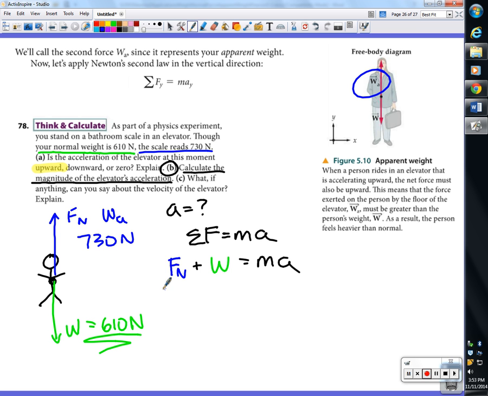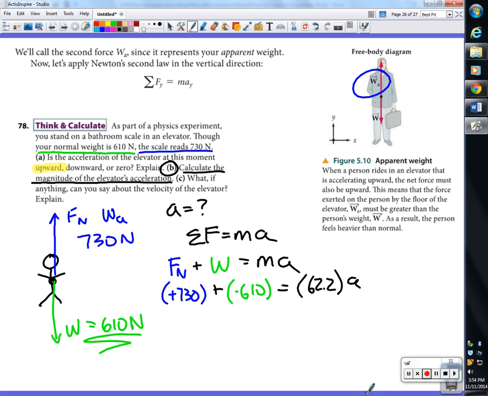So 730 in the upward direction plus 610 in the downward direction equals the mass, which I calculated to be 62.2 kilograms, times a. And now the only thing we don't know in that equation is a.